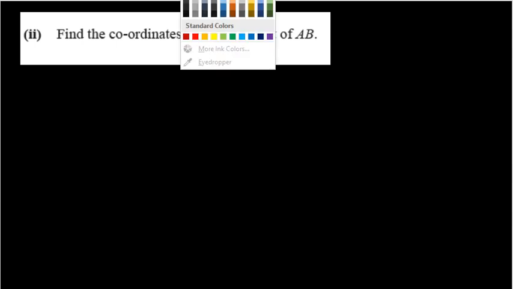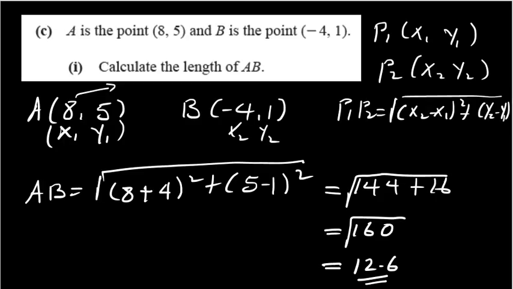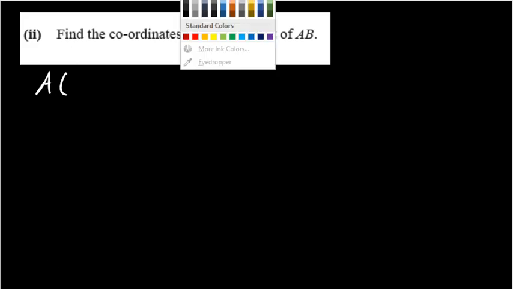Okay, very good. The next question: find the coordinates of the midpoint, again for the same points. A is 8, 5 and B is negative 4, 1.